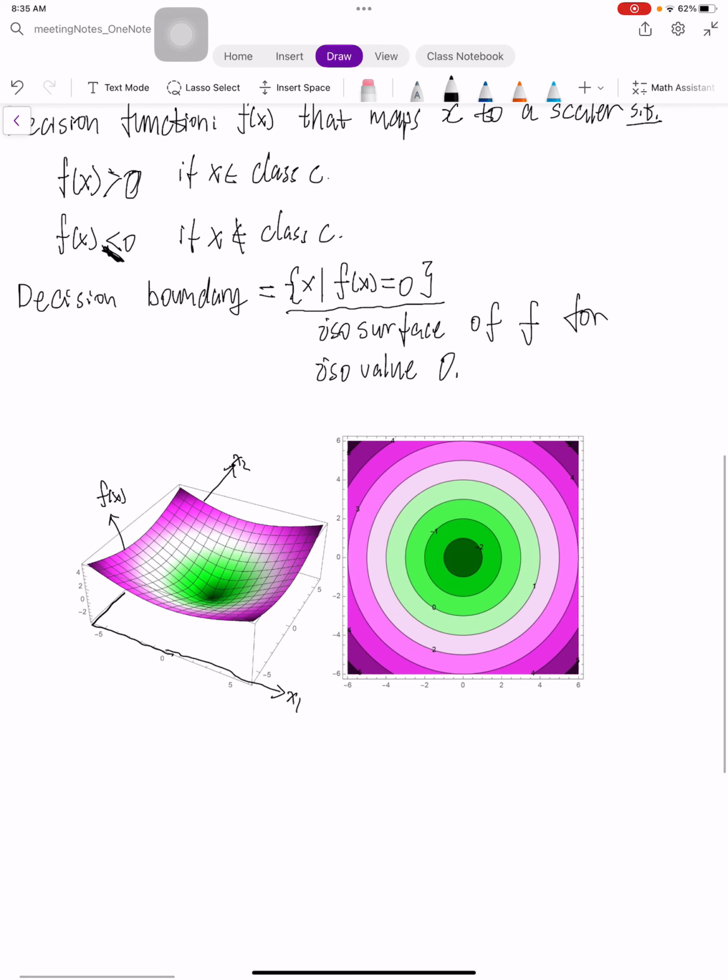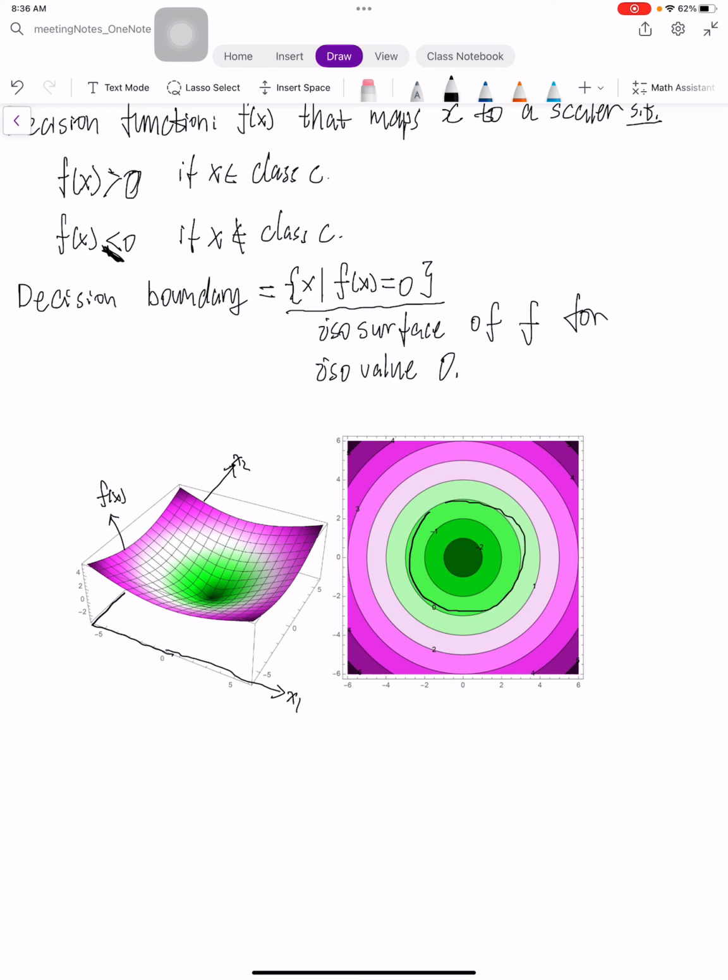On the right-hand side, it shows the isosurfaces for this decision function f. This is a special function, so the isosurfaces for f are just circles.